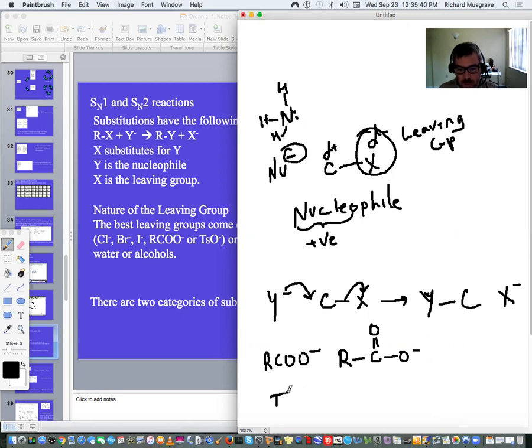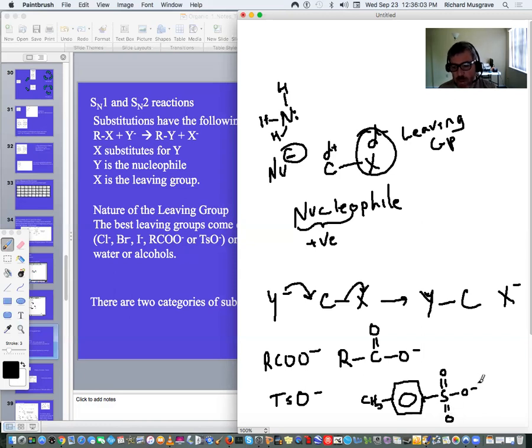Now the other one, TsO minus, this is a really good leaving group. It looks like this. It's got a benzene ring in it. Tosylate, or toluene sulfonate, is what it stands for.